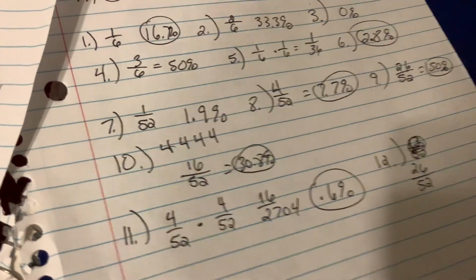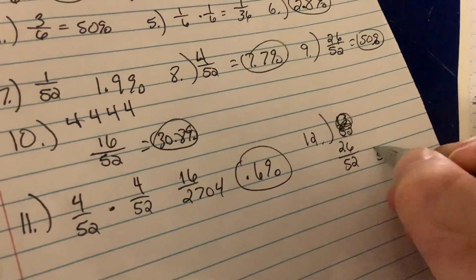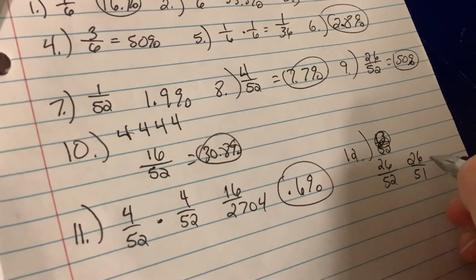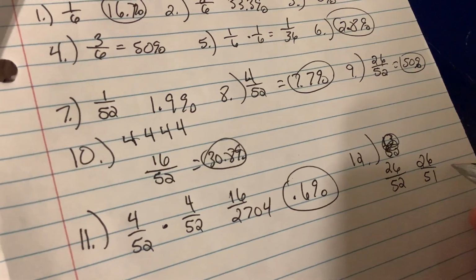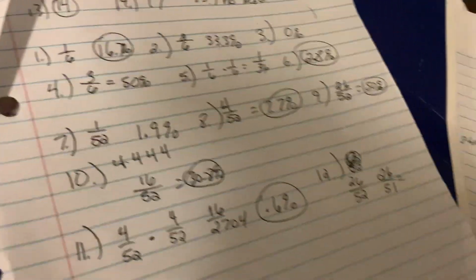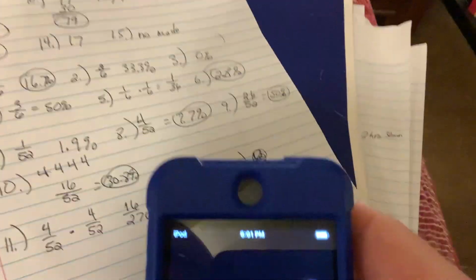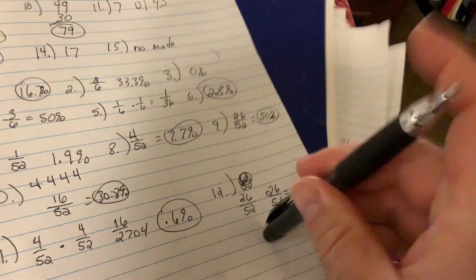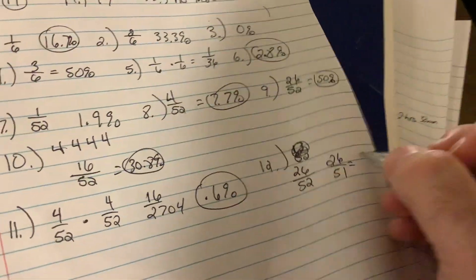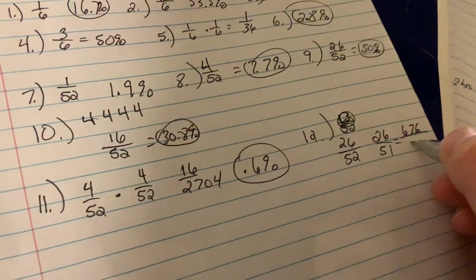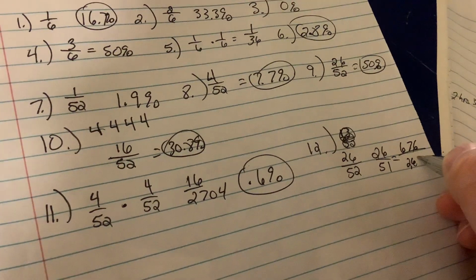Not putting it back. So now there's only 51 cards. And drawing a black card. There's still 26 black cards. Even though you didn't put the red one back, there's still 26 of those. So 26 times 26 is 676, over 52 times 51, which is 2652.